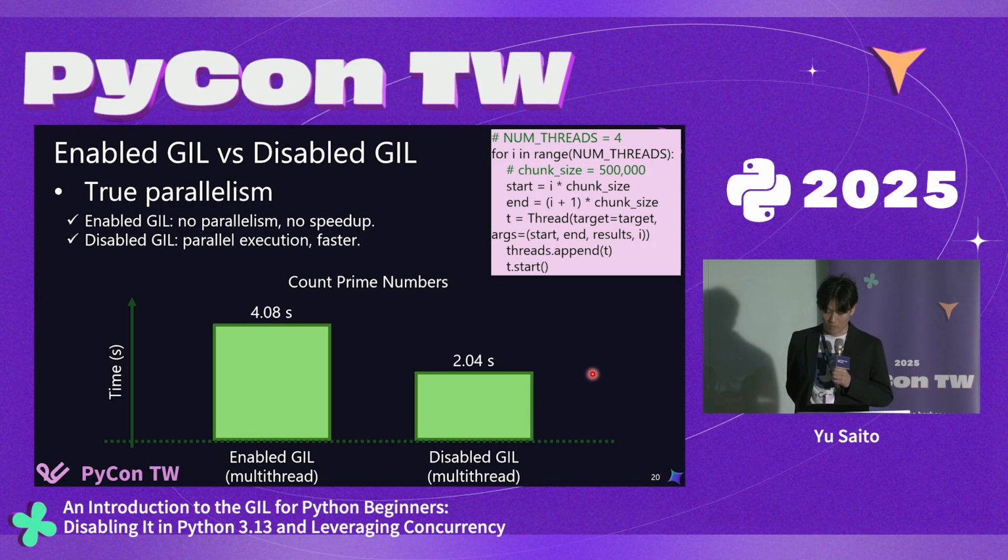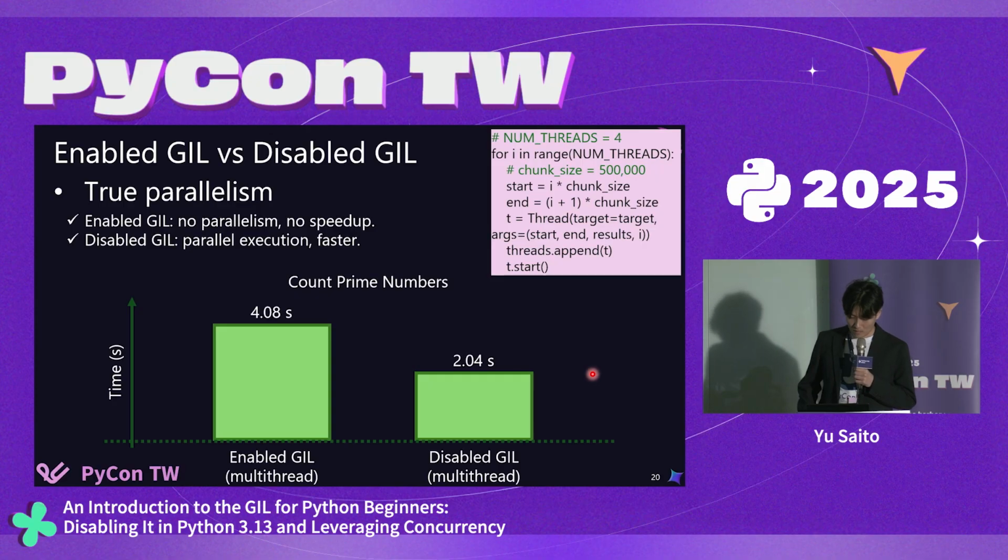Here is an example of true parallelism with a disabled GIL. The graph compares the execution time for CPU-bound tasks. The left bar is the enabled GIL, and the right bar is the disabled GIL. As a result, processing with the enabled GIL takes about 4 seconds to execute.